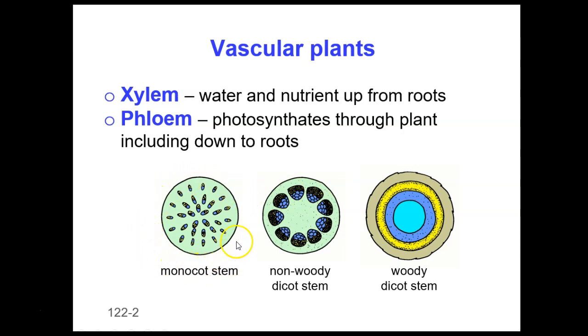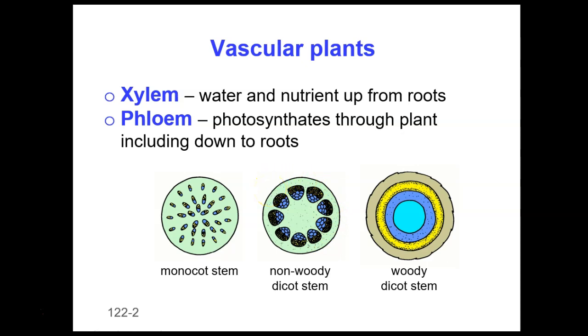So in a monocot stem, we see that we have xylem and phloem arranged in this way, coming up through the center. And remember that we don't have any secondary growth in monocots. So this design facilitates that. And then in a non-woody dicot stem, the xylem and phloem are arranged in a different pattern.